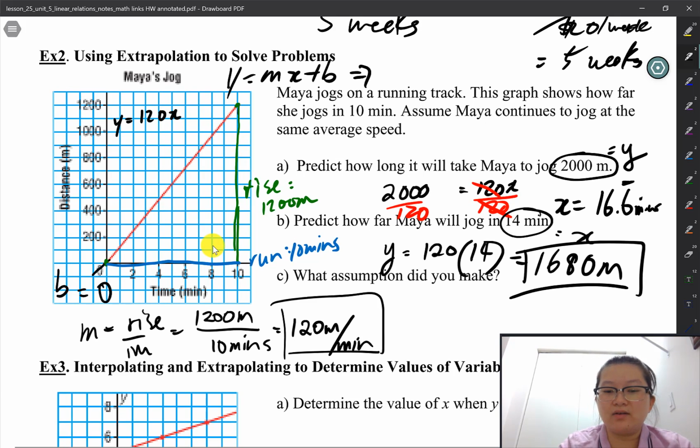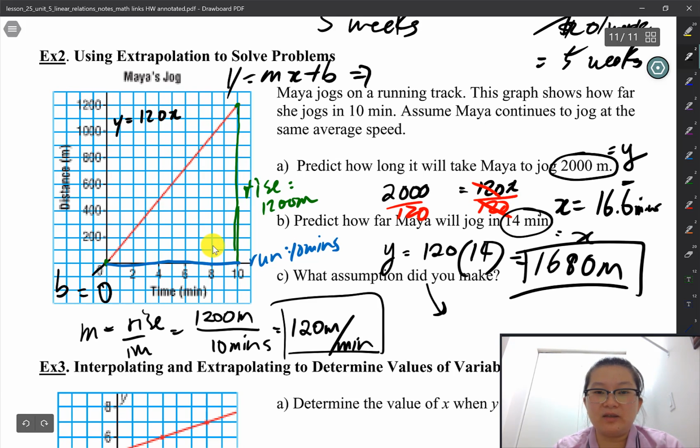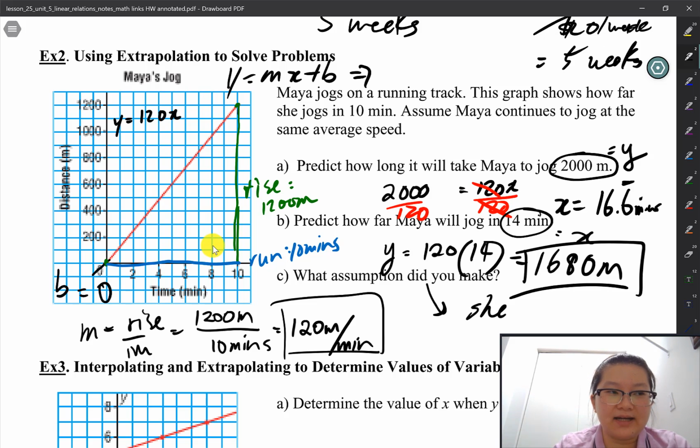What assumption did you make? Well, assuming that the pattern continues on this graph, which is the slope, and there's no way to change where she started, but if we have to extrapolate here, we have to assume that she continues her average speed. And the fact that she maintains somewhat of her average speed does not really fluctuate even during this 0 to 10 minutes, which on the graph it doesn't.